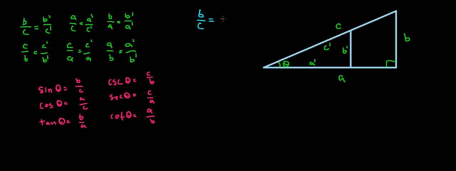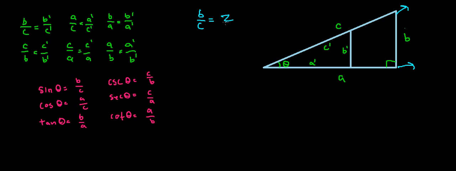I'll call this constant Z. So if I continue extending this triangle, the ratio of B to C is always going to be equal to this constant. So that's what I'm going to take advantage of.